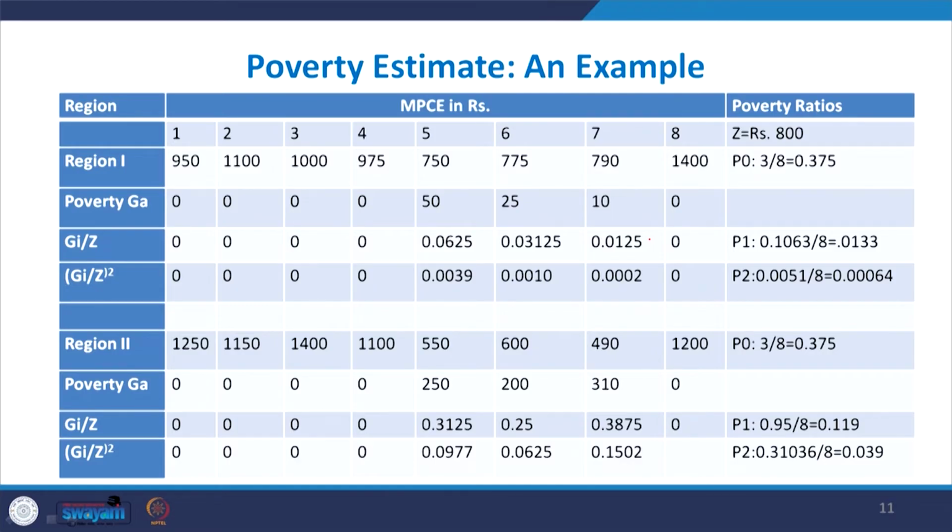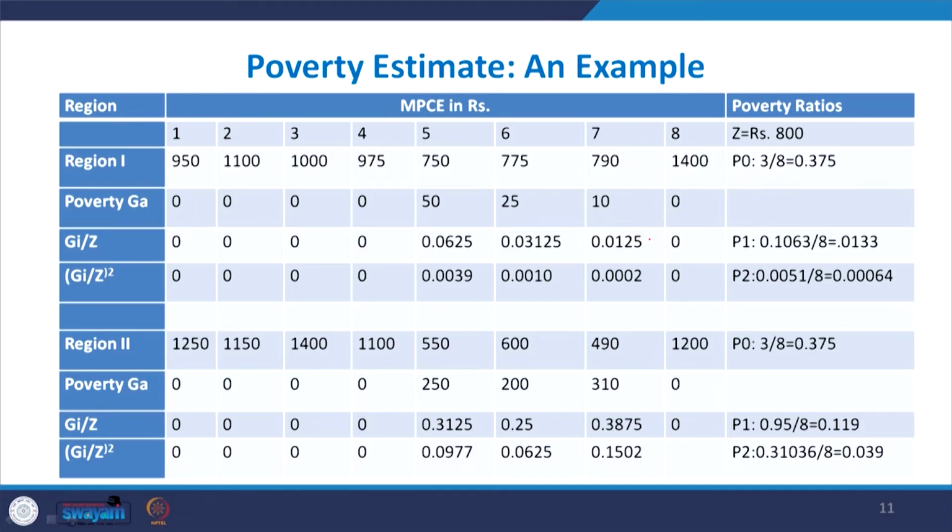So, here the households below the poverty line are 3 and total households are 8. So, 3 by 8 is equal to 0.375. So, you can say that 37.5% of the households in region first are below the poverty line when we apply the head count ratio.